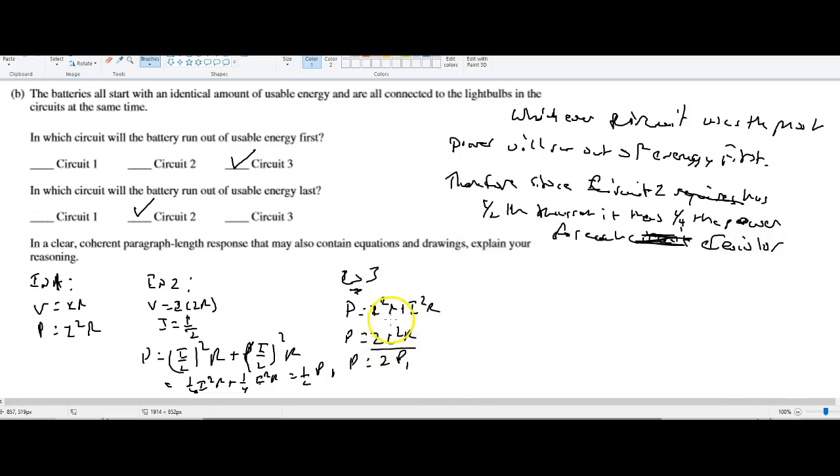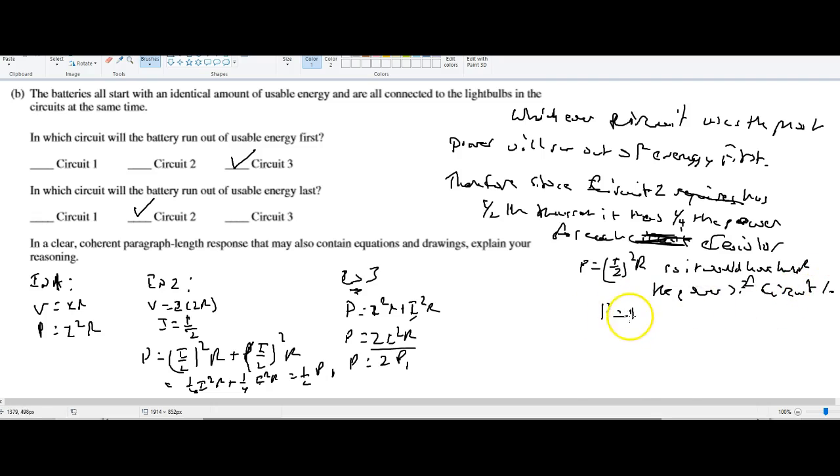And so now I'm going to look over here and I'm going to take this P equals (I over 2) squared R. So it would have half the power of circuit 1.